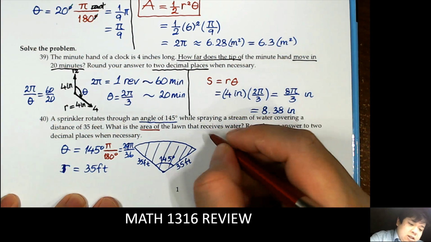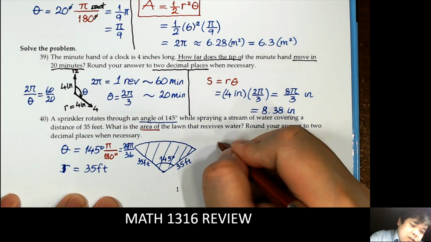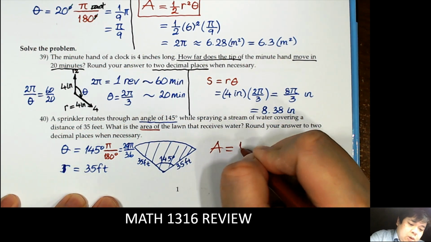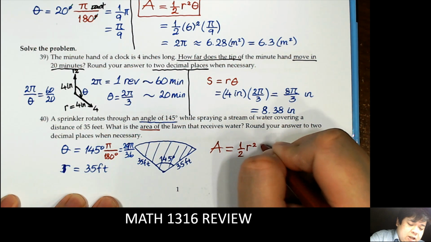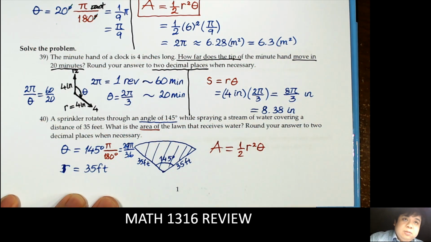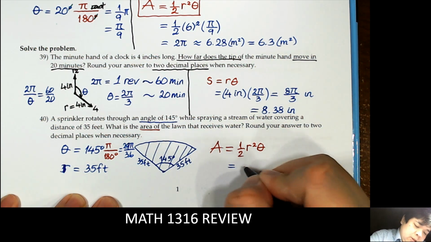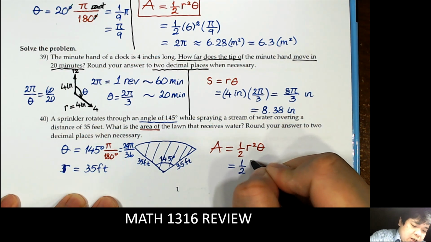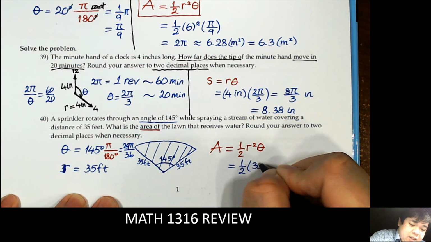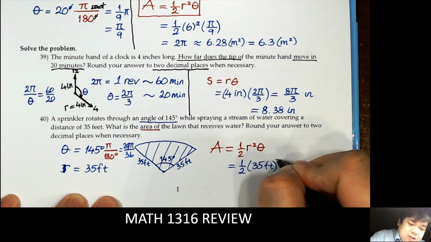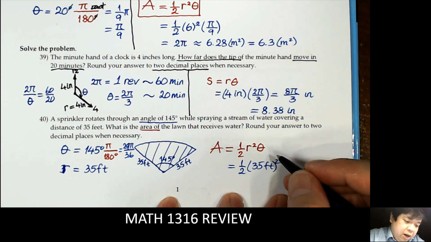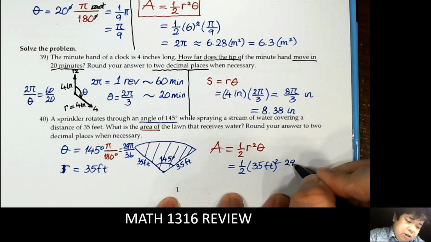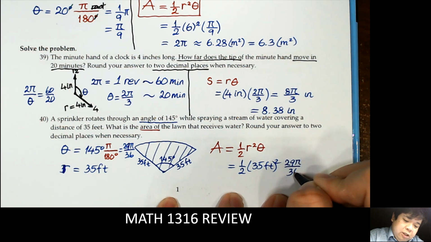Area of the sector, 1/2 r squared theta. 1/2. We can just put the feet with the number. And the angle is 29 pi over 36.